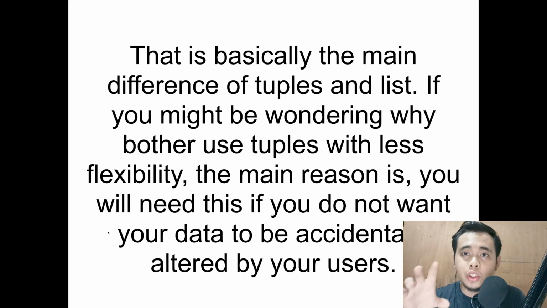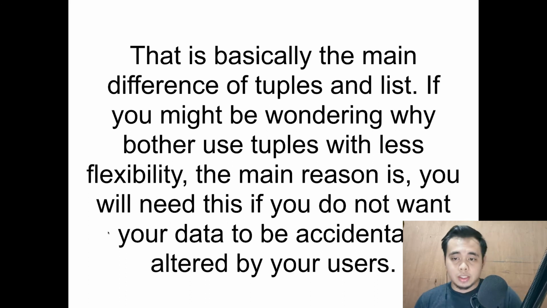For now, as a beginner, you will not appreciate the value of tuples, but as an advanced Python programmer, you will see that tuples can be used if you don't want your data to be accidentally altered by your users. So you need to secure your data. That's why you are going to use tuples. If you use lists instead of tuples, there's a possibility that your users might be able to change the data that you set, and you don't want that to happen, to avoid any malfunctions or bugs.